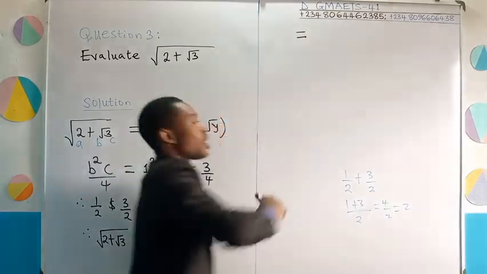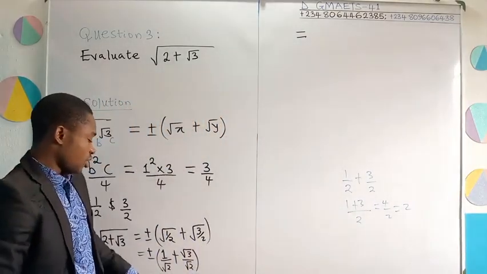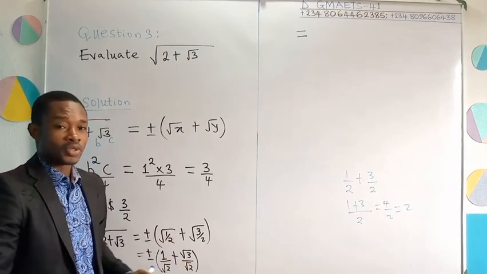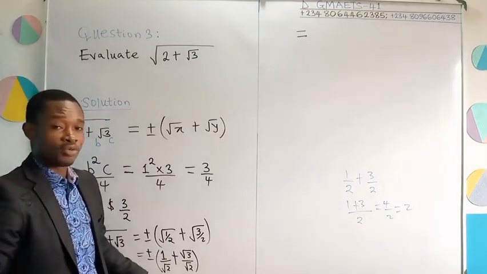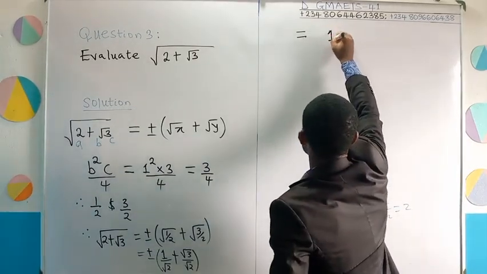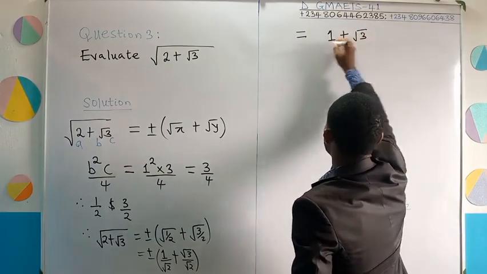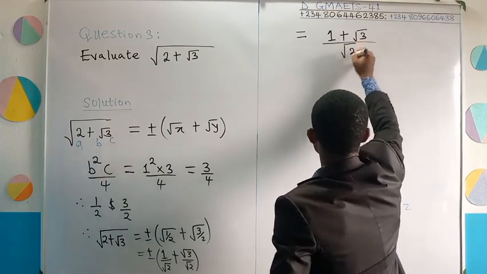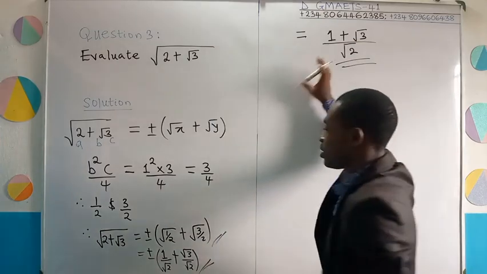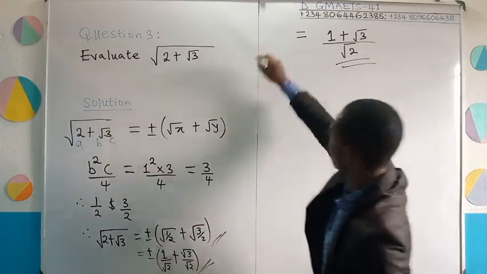If you look at the denominator, they have the same term. That's root 2, root 2. So you can work out the LCM, picking root 2 and simply adding the numerators. So this is the same as 1 plus root 3, then you are dividing by root 2. So this is another format in which you can present this.